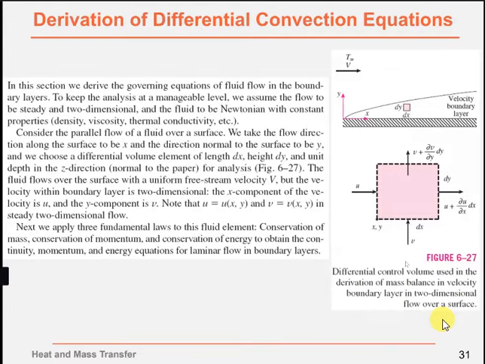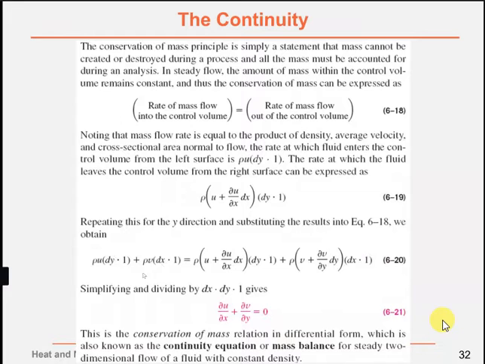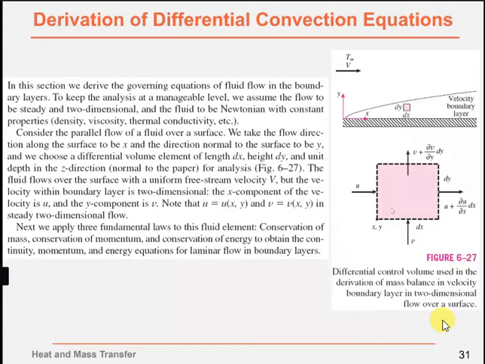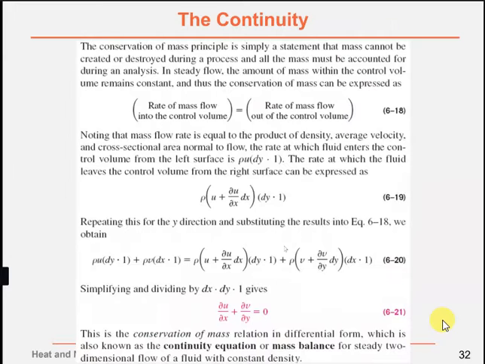For the y direction, the fluid flow into the control volume and the fluid flow out of the control volume. And we put these two directions together. The fluid flow into the control volume from the x direction and from the y direction together equals the flow out of the control volume, these two parts.